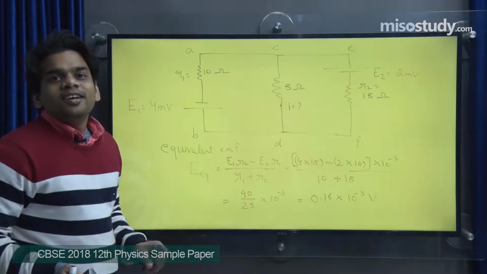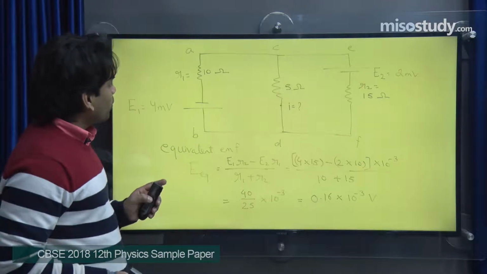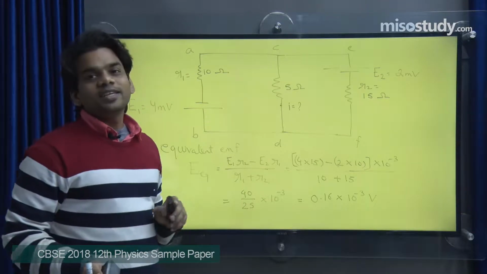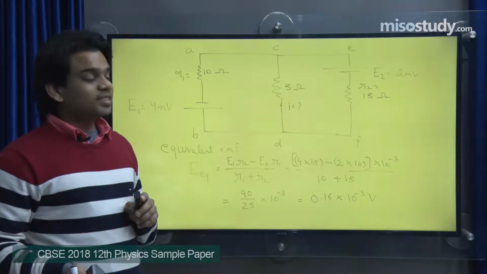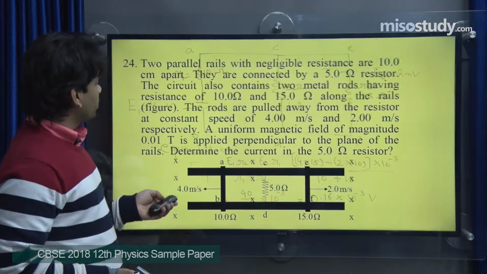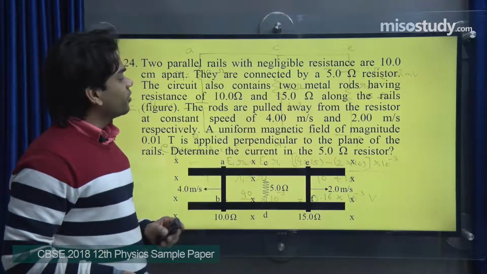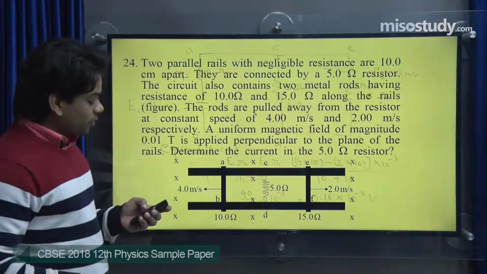Next, we are required to find the current in the circuit. So what you have to do is find the equivalent resistance of the circuit. Determine the current in the 5 ohm resistor. Now the circuit will appear somewhat like this.